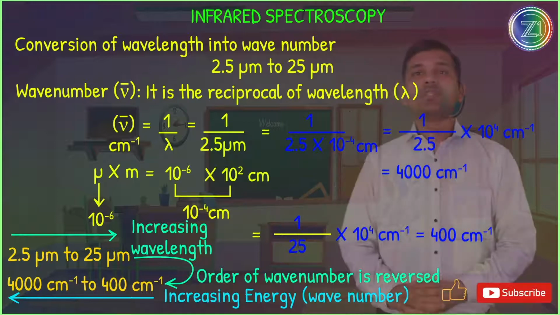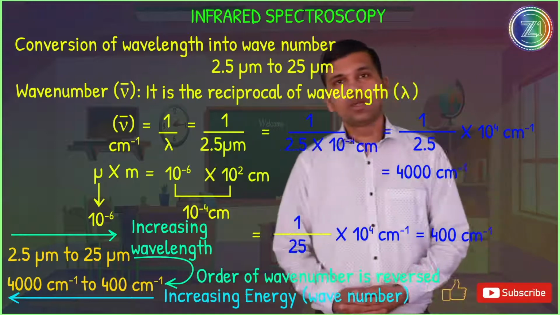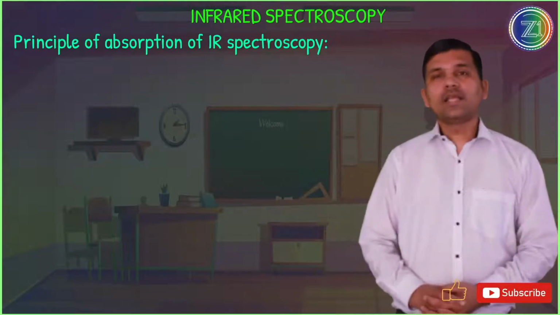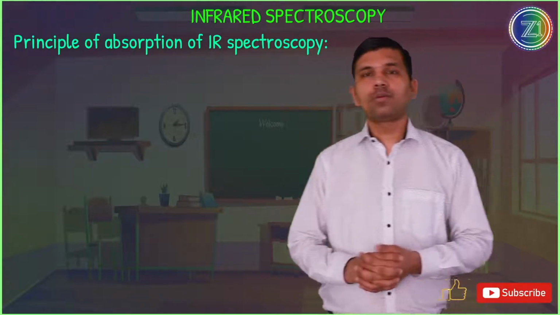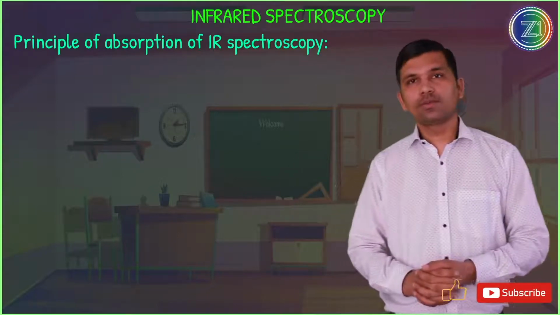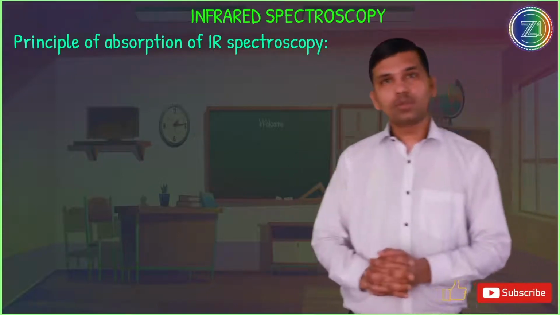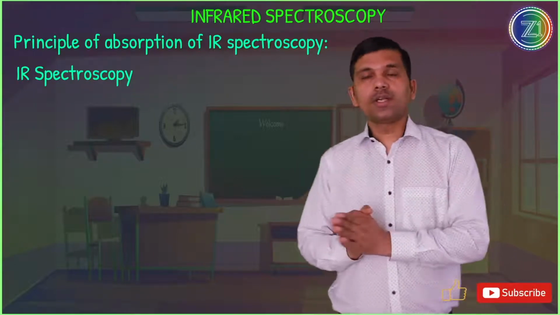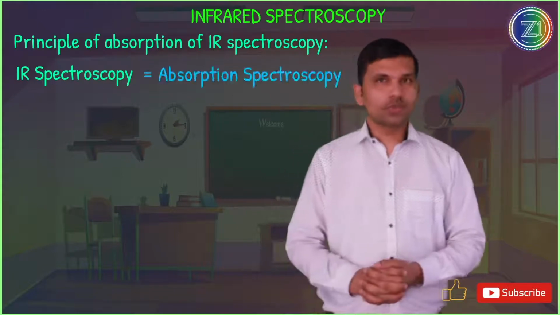Next is the principle of absorption of IR spectroscopy. How are IR radiations absorbed by the molecules or the bonds inside the molecules? Like other spectroscopy, IR spectroscopy is also a type of absorption spectroscopy.